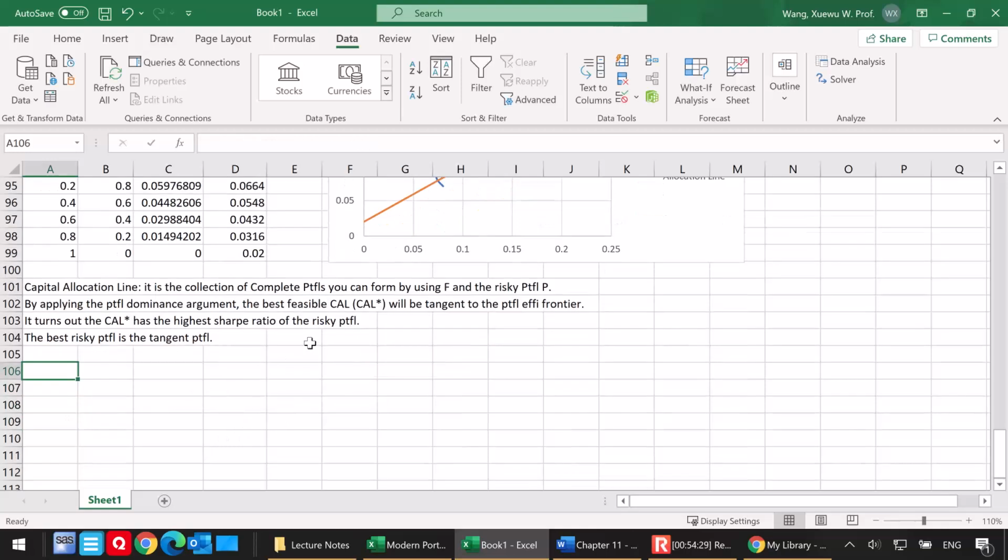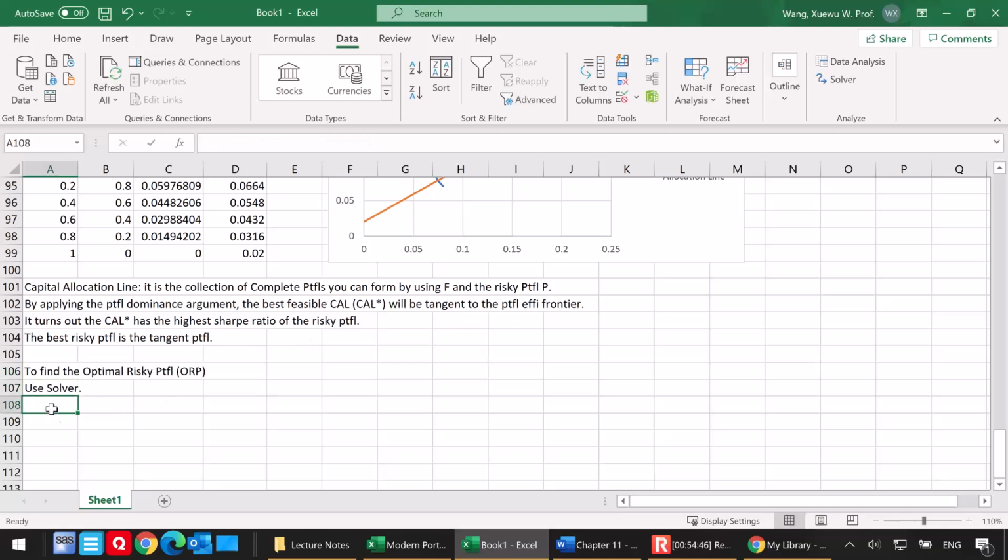So how do we find this? To find the optimal risky portfolio, let me just denote this by ORP. If you want to find the optimal risky portfolio, I'm going to use Excel Solver.